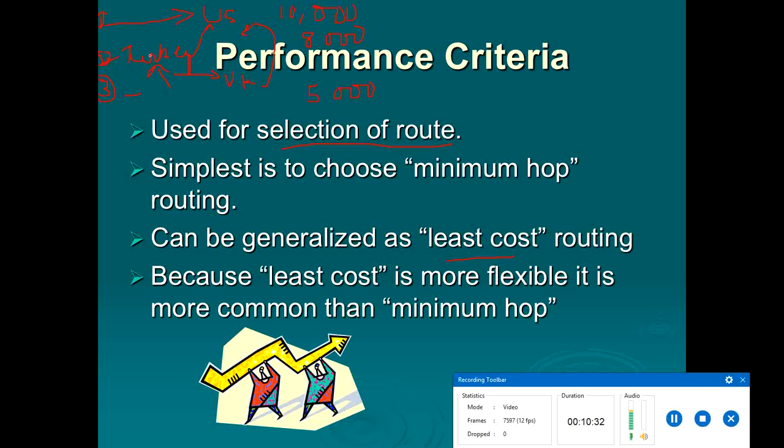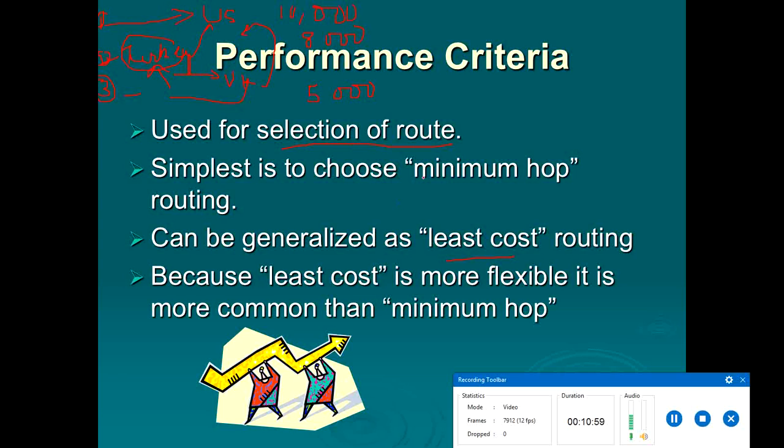My second choice is I have to stop at Turkey. Then from Turkey I have to take a flight to US. So I have only one hop over here. But in the third option, I will stop at Turkey, I will stop at UK, then I will go to US. So that means I have two hops. If my strategy is to choose minimum number of hops, of course, my choice should be one.